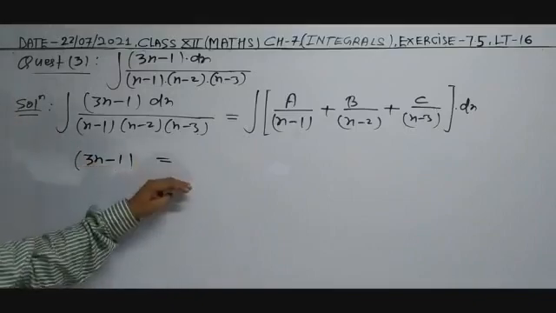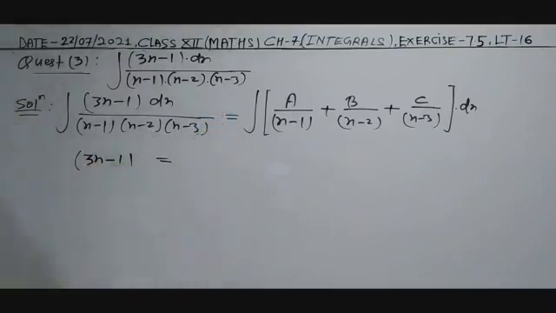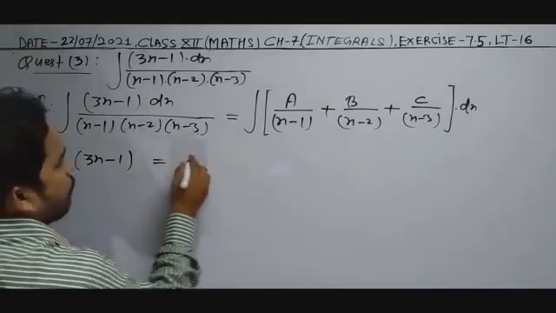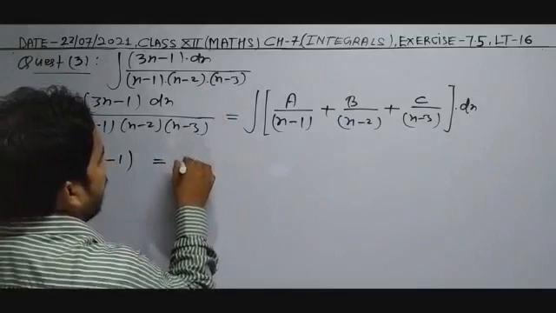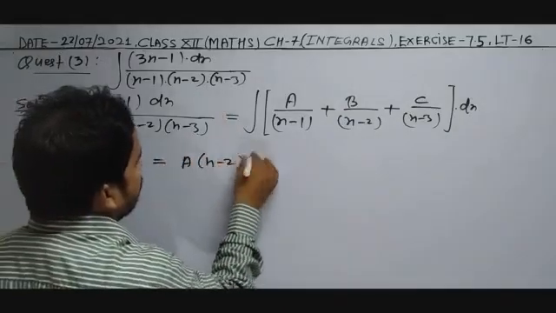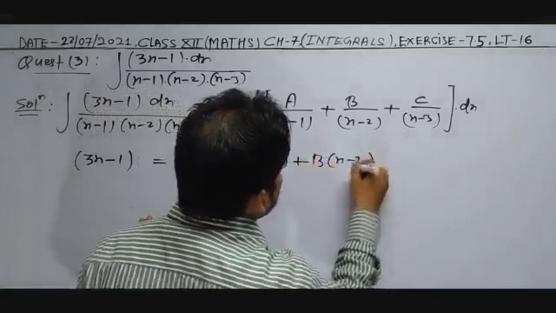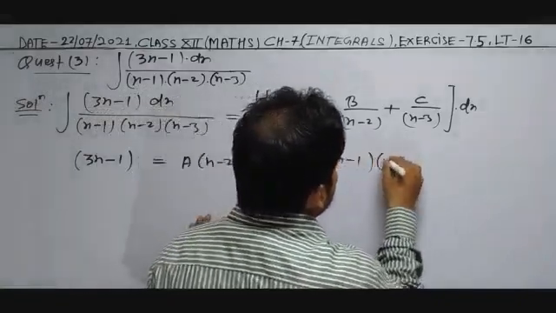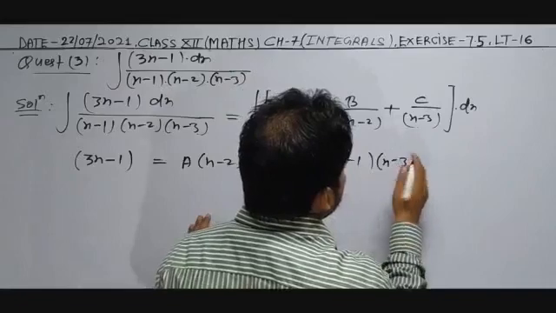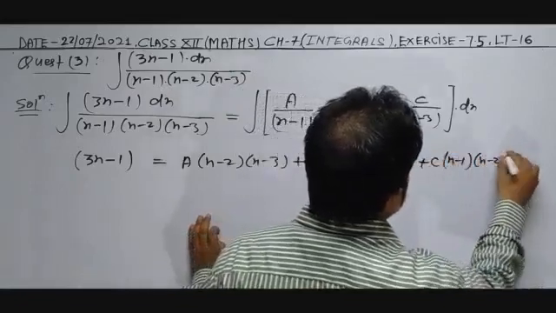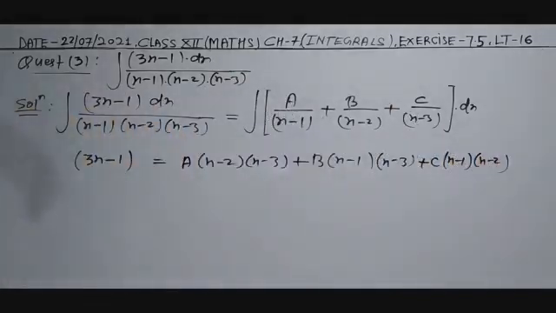This step is only for calculation of a, b and c. This is the part of partial fractions. This is the expression after taking the LCM and cancelling the denominator on both sides.